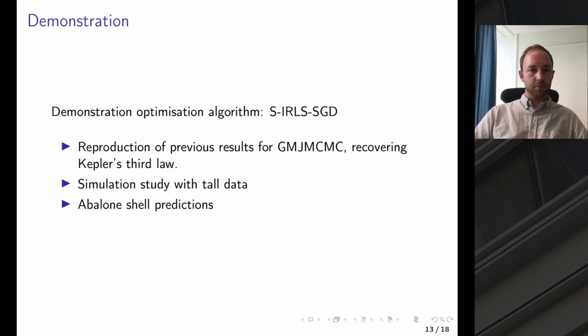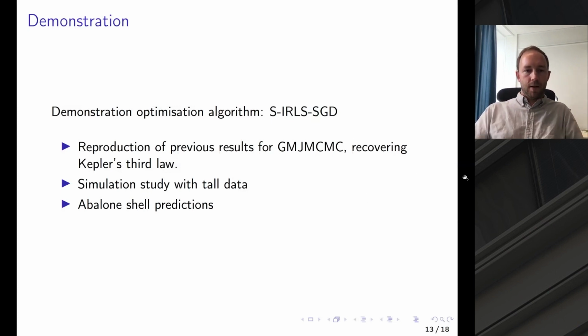You can use any optimization method that converges according to the theorem, but we have shown empirically that this one works quite well. The first example is just a reproduction, no subsampling, and then we have a simulation study with toll data, which implies that the number of observations is orders of magnitude larger than the number of covariates. And finally, we have a predictive example with the abalone shell dataset.